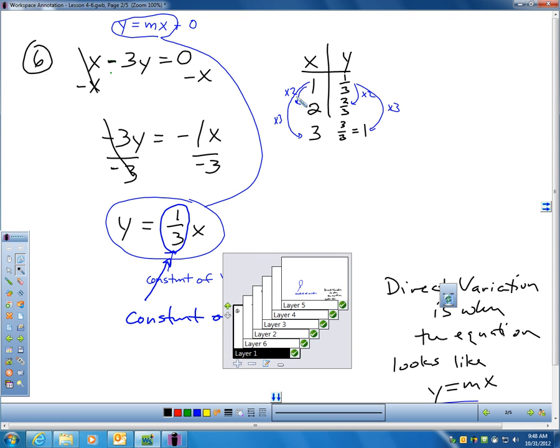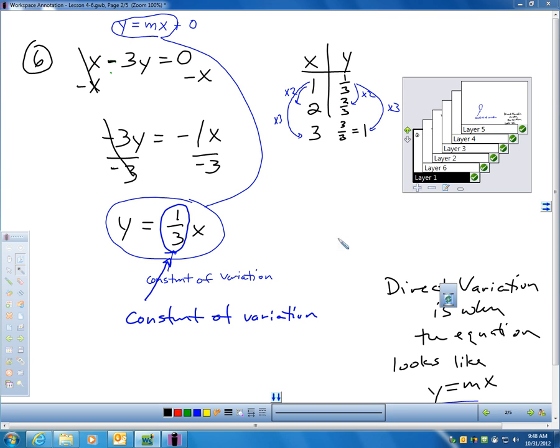So if I'm doubling one amount, I should be doubling the other to get to the next and so on. You can always tell if you have direct variation by using that method, I guess you could say. All right? So that should help you with number 26 and 27 in the book.